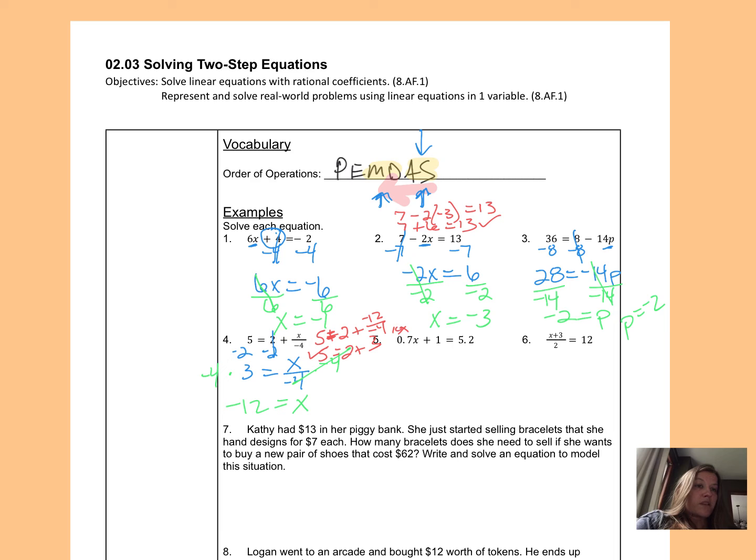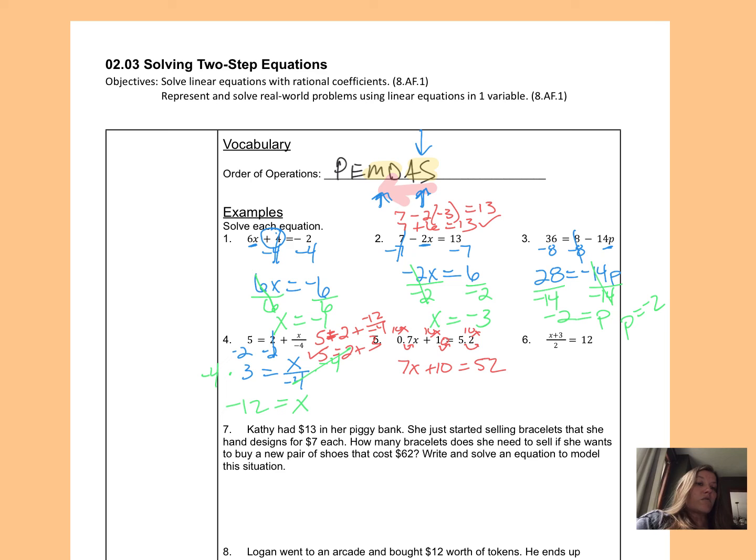So times by 10, times by 10, times by 10. And that moves the decimal 1 point over. So that becomes 7x plus 10 equals 52. You could just leave the decimals. You will get the same answer. But for me, this is a lot easier to do in my head when I have whole numbers.